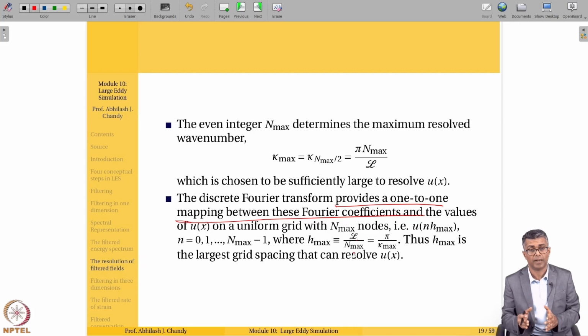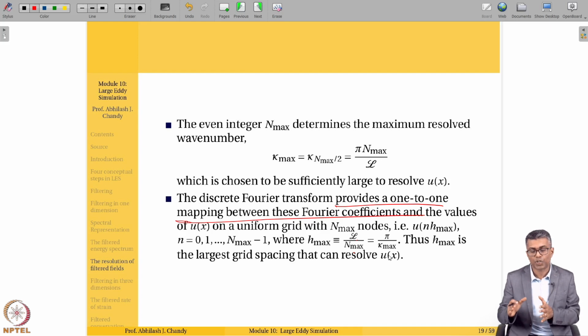If you were doing a DNS, that is basically pi over kappa max. So your h max is pi over kappa max. This is the largest grid spacing that is sufficient to resolve u of x exactly, right? So when we say sufficient to resolve u of x exactly, that means resolving up to the Kolmogorov scale. So this is if everything was DNS.